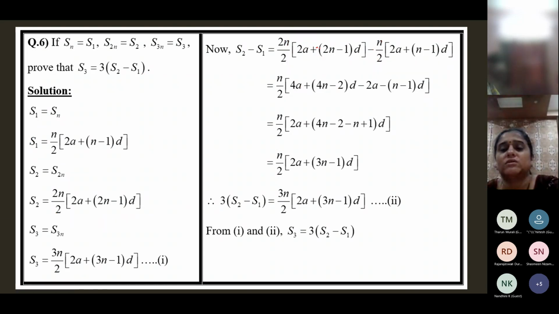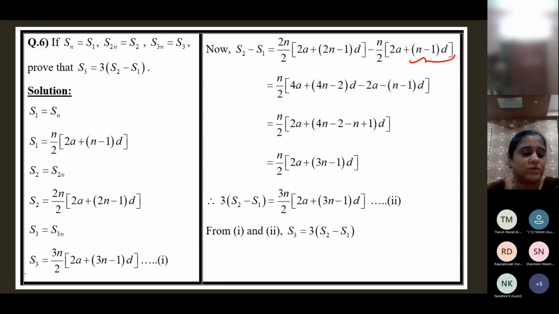So it'll become 4n minus 2 into d, minus, n by 2 is outside common. So it'll be minus 2a, minus into plus is minus, n minus 1 into d. This is just one term. So minus 2a minus n minus 1 into d.